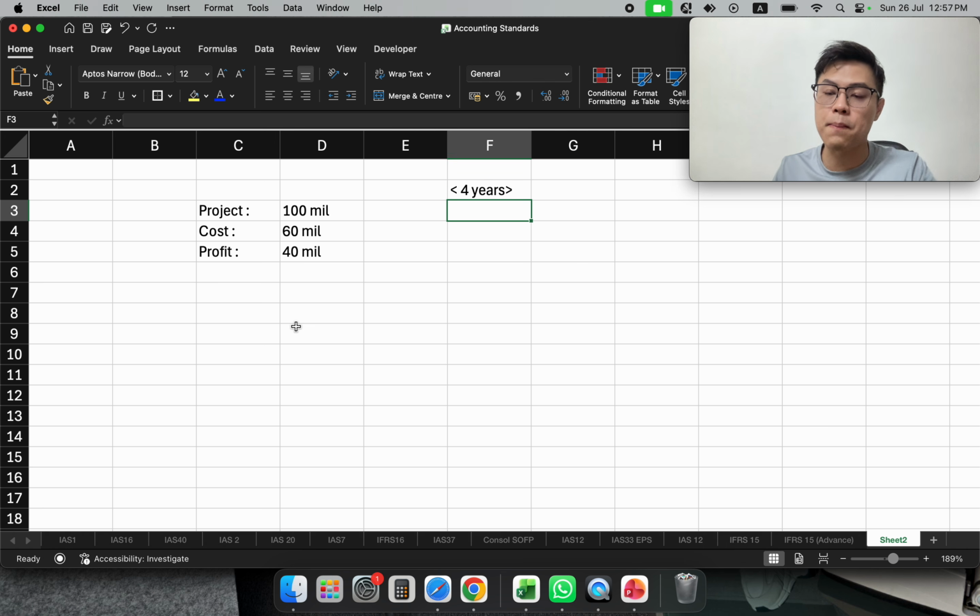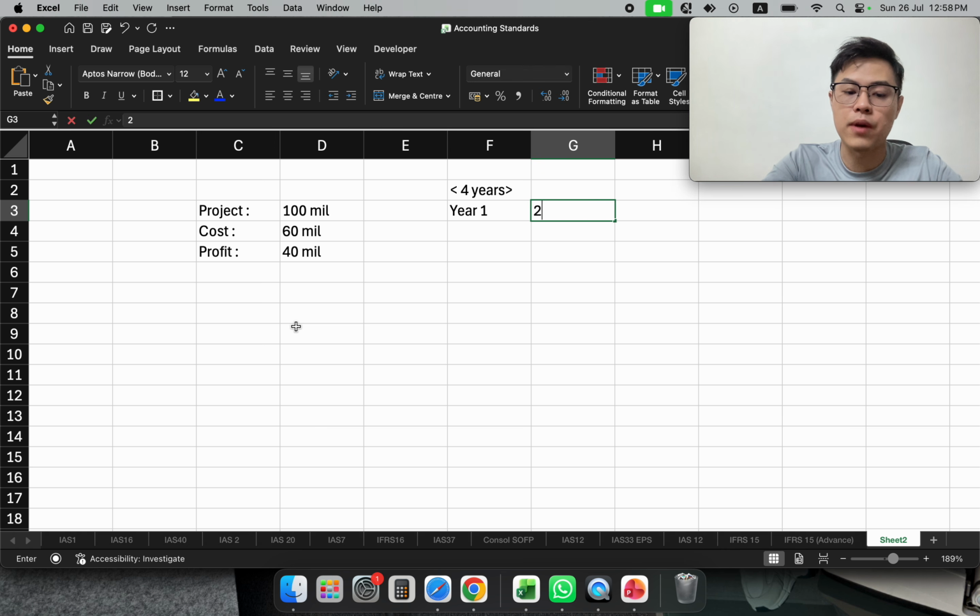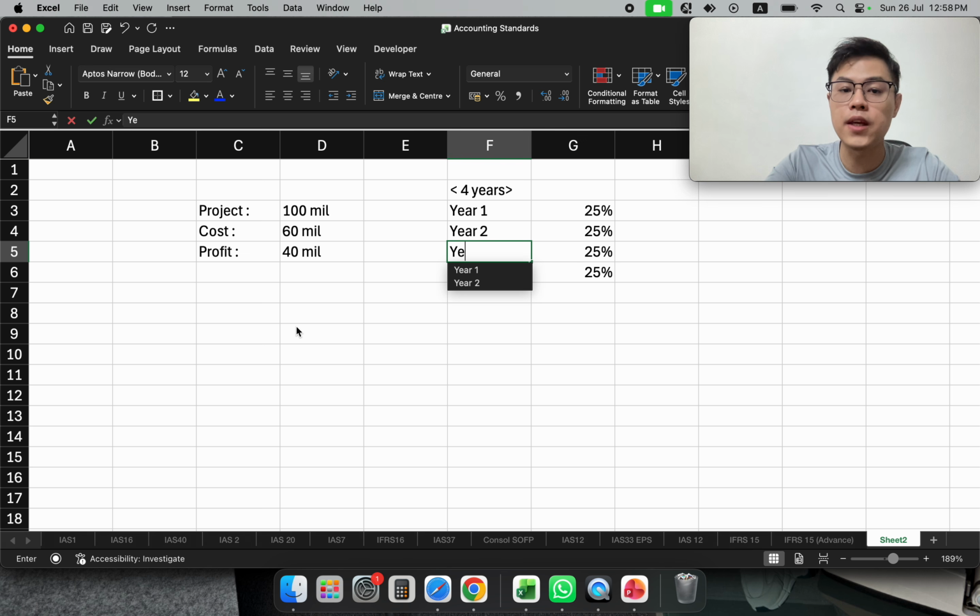Assuming we are not using percentage of completion as a basis, we are just looking at these 4 years, and the progress of these 4 years is equally the same. In year 1, I expect it to complete 25%. In year 2, the progress will be another 25%. Likewise for year 3 and year 4.